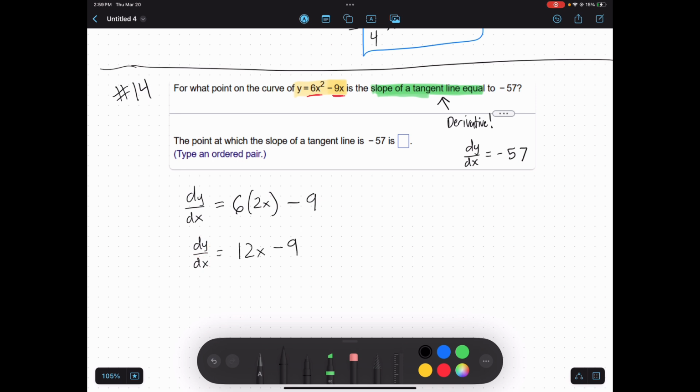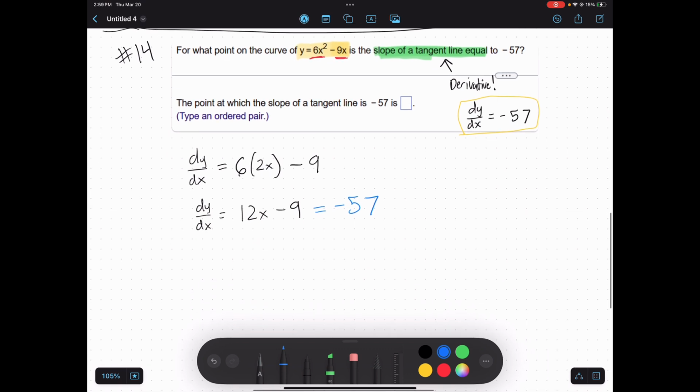So there's my derivative. And what do I want to be true about my derivative? I want my derivative to equal negative 57. So I set this equal to negative 57 and solve. Okay, I'll add 9 to both sides. And I'm left with 12x equals negative 48.